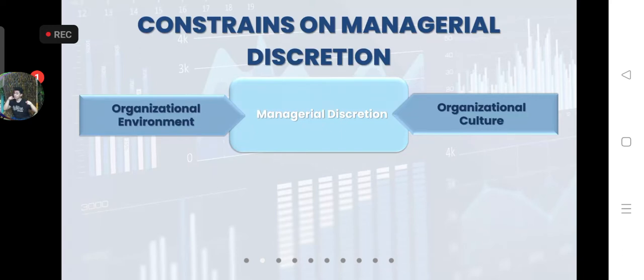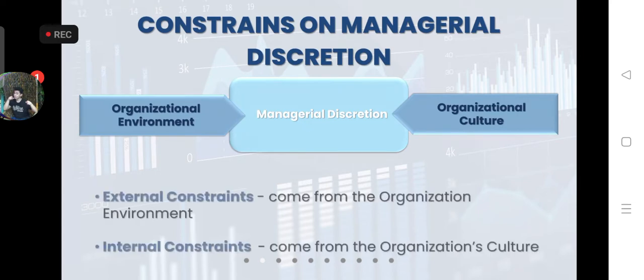As you can see in the figure, managerial discretion is composed of organizational environment and organizational culture, in which external constraints come from the organizational environment and internal constraints come from the organizational culture. In my case, I am going to discuss further the organizational environment, or external environment, and in the next report I will discuss further the organizational culture. So next.